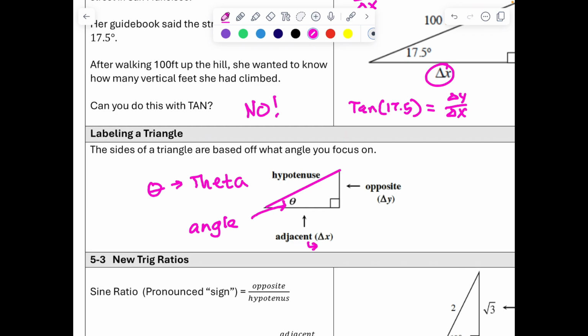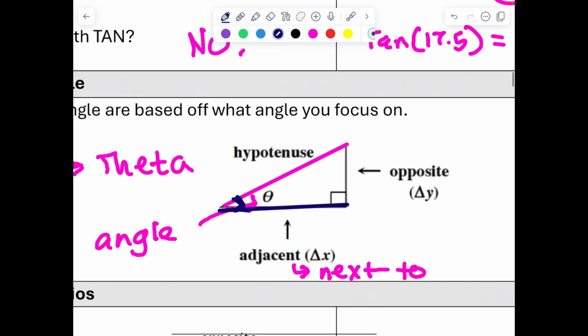Adjacent. Adjacent is another word for next to. Okay, so the adjacent side is going to be the side that is next to this angle or touching this angle, right? The angle's right here, so the adjacent side is next to it. And then the opposite side is the side opposite the angle.